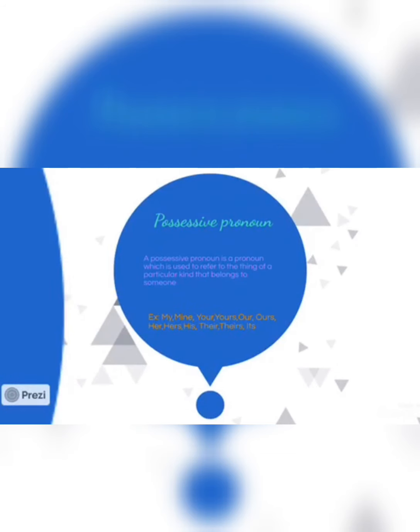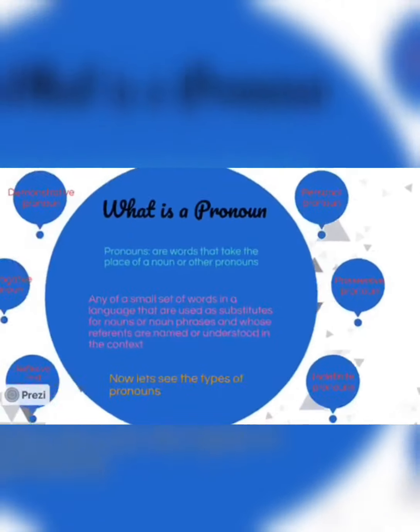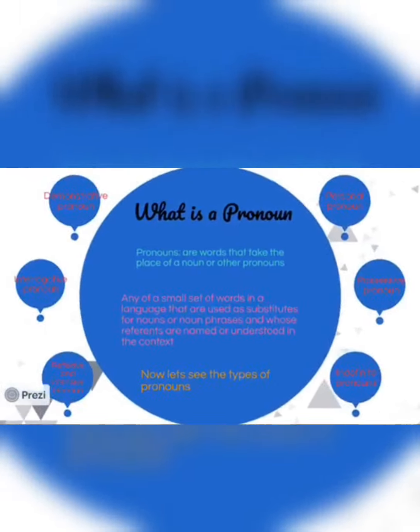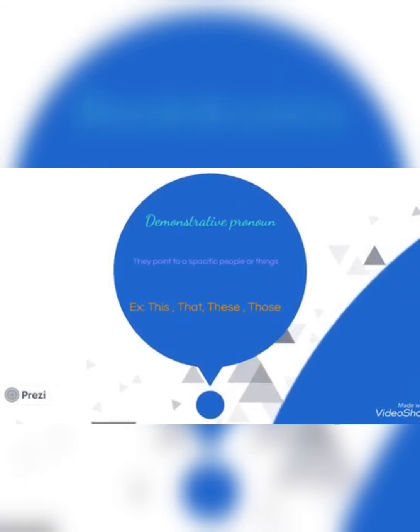A possessive pronoun is a pronoun which is used to refer to the thing of a particular kind that belongs to someone. Example: my, mine, your, yours, our, ours. Indefinite pronouns. They express an amount or refer to an unspecified person or thing. Example: all, any, everybody, most, few.